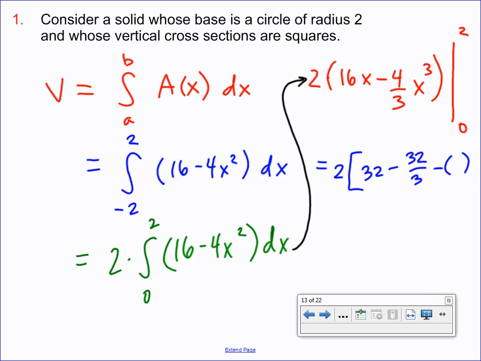Minus, here's the fruits of our labor. Lower limit all the way through is going to give me what? 0. Equals 2 times, and inside I've got 32 minus 32/3, which would be 96/3 minus 32/3, is what? 64? 64/3?